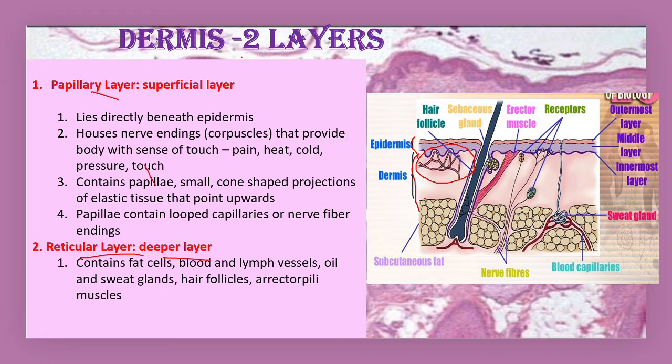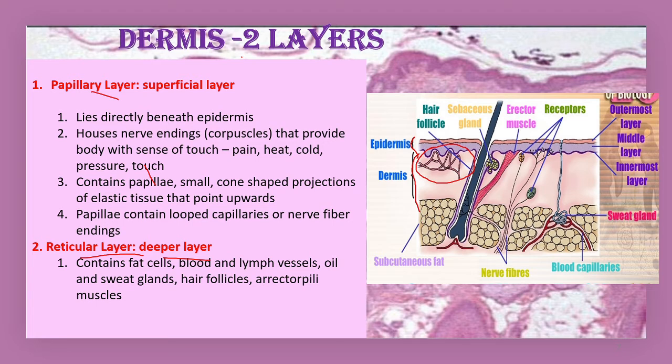Now the protein fibers in the reticular region give the skin strength and elasticity. So this is the region where the skin gets its elasticity. The region is made up of the protein collagen as well as elastin protein fibers, and this is responsible for imparting strength and flexibility.